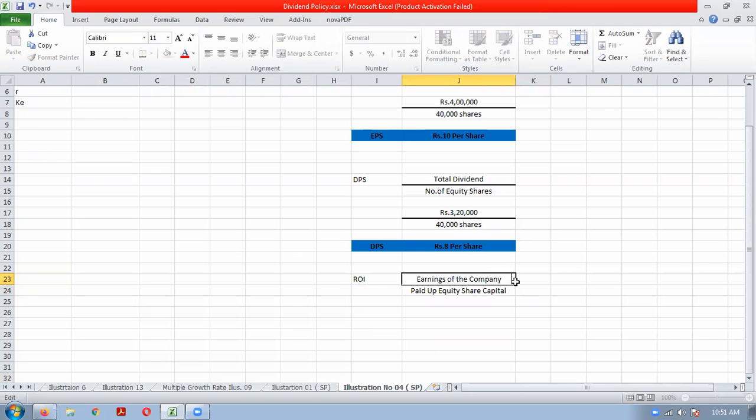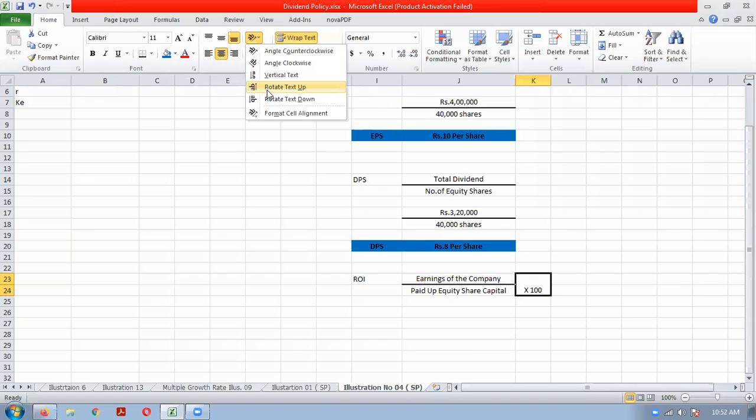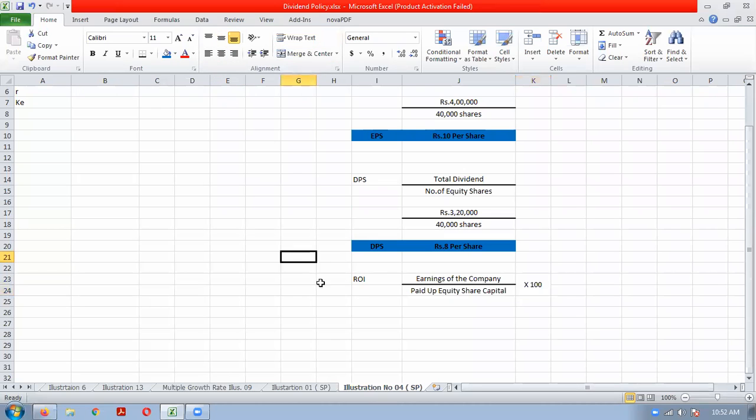You can multiply it by 100, into 100. Okay. So this is the formula for return on investment.